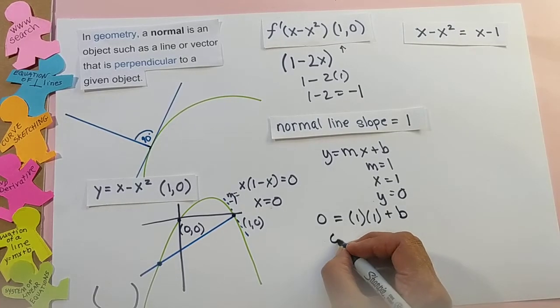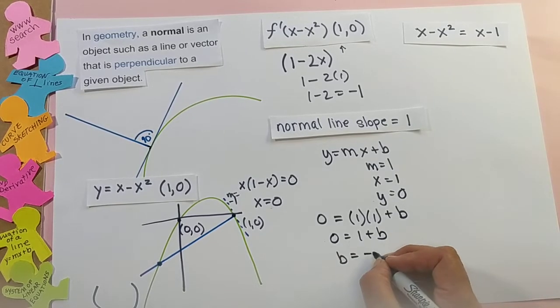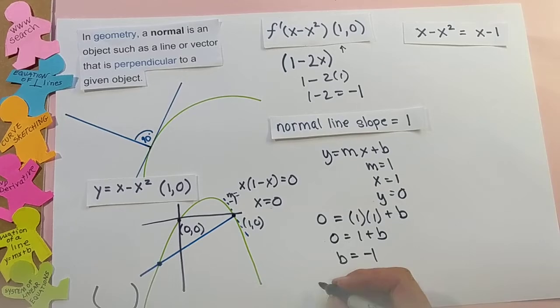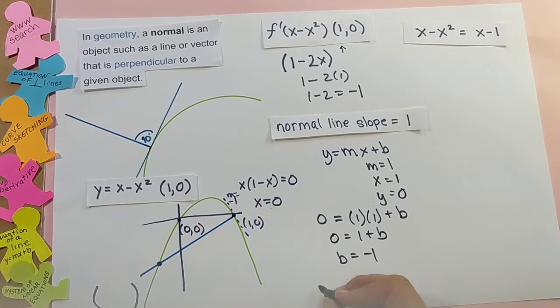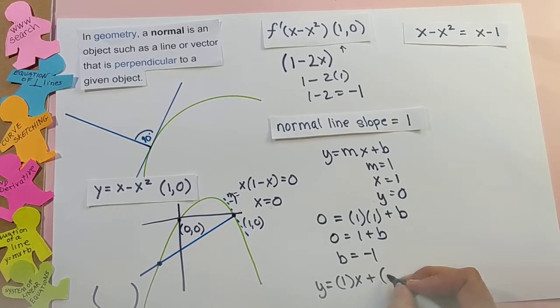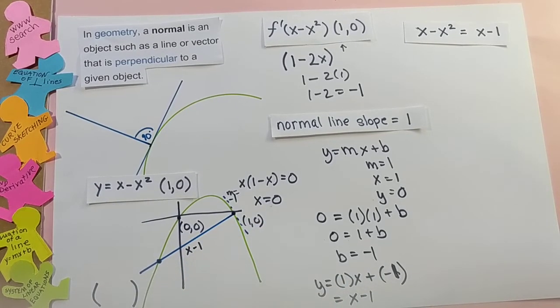So 0 equals 1 plus b, and b then equals negative 1. So my equation for the line, I only need b and m, y equals 1x plus negative 1, which is the same as x minus 1. So that's the equation of this line, x minus 1.